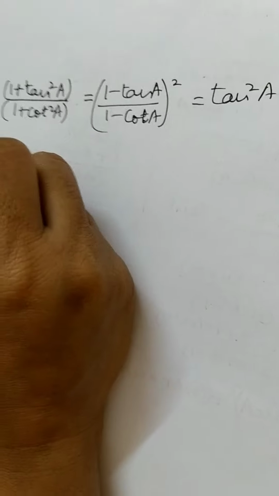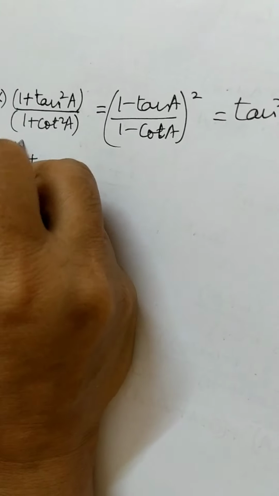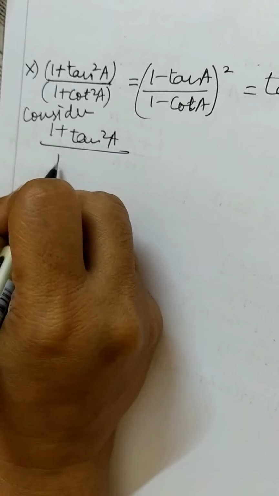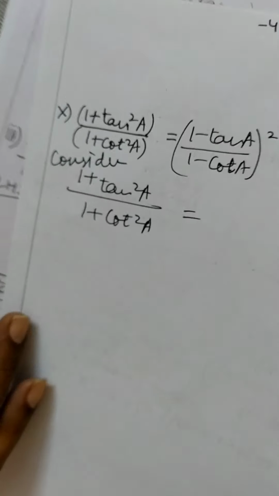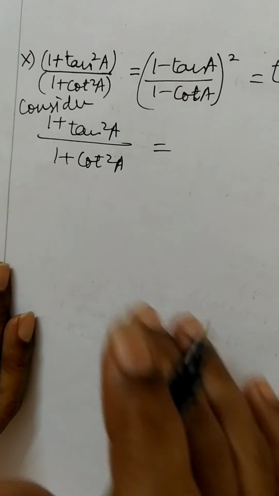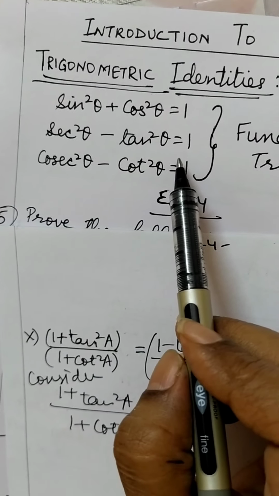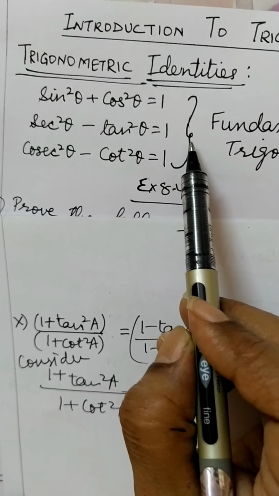Let us start with the first one. Consider 1 plus tan square A upon 1 plus cot square A. As we know, there is a direct application of the fundamental trigonometric identity: sec square theta minus tan square theta is 1. So from here we can say that sec square theta is 1 plus tan square theta.